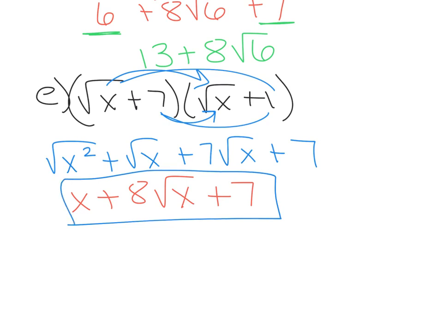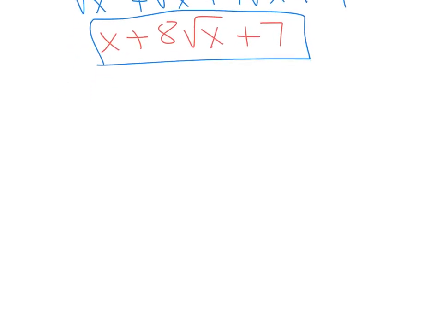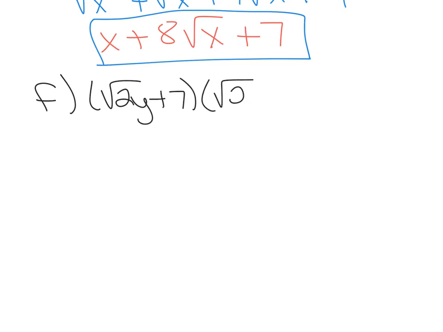We're going to go to letter F, which says square root of 2y plus 7 times square root of 2y minus 1. All right. So still double distribute.